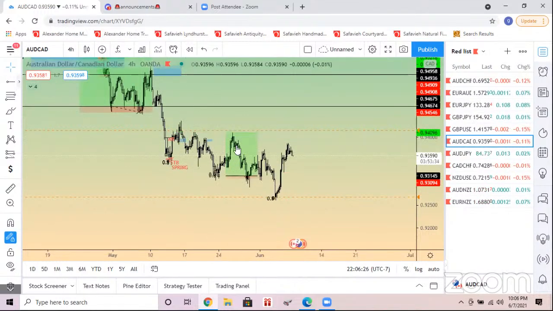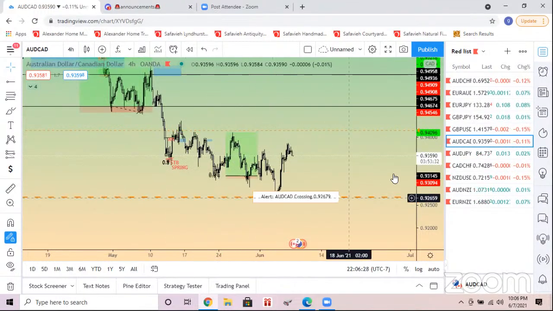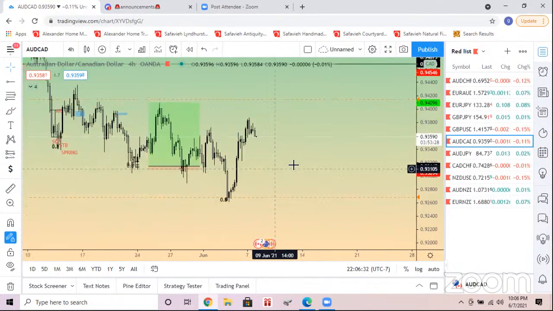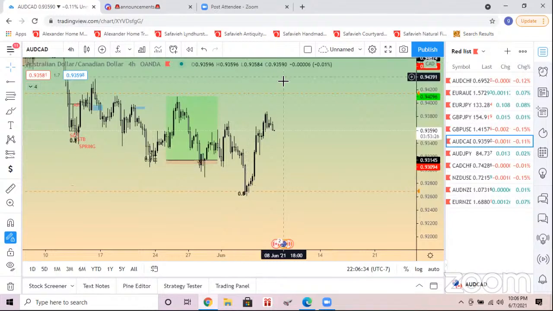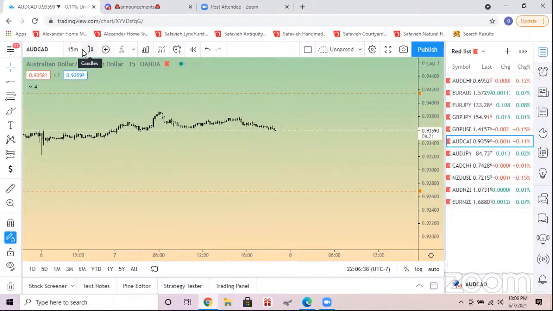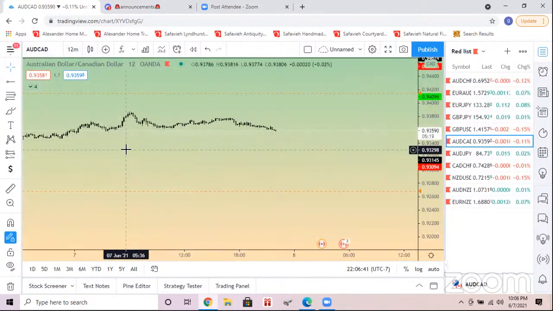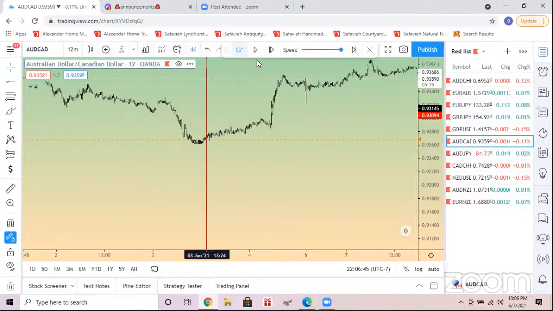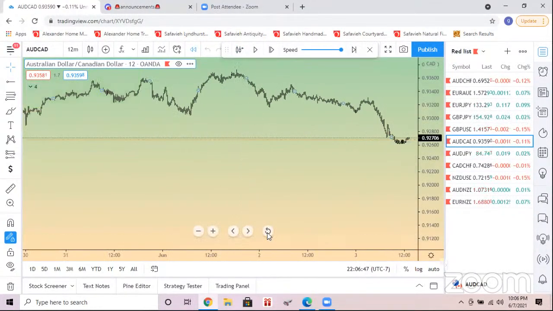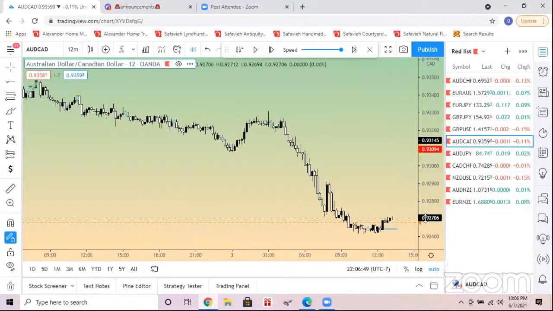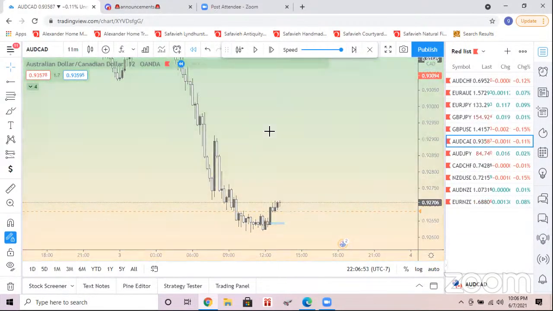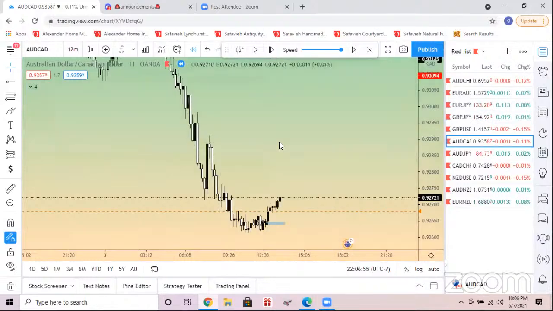So looks like we got a type 4 accumulation here, and in the spring here, I believe those is either this 12 or this 11. 12.